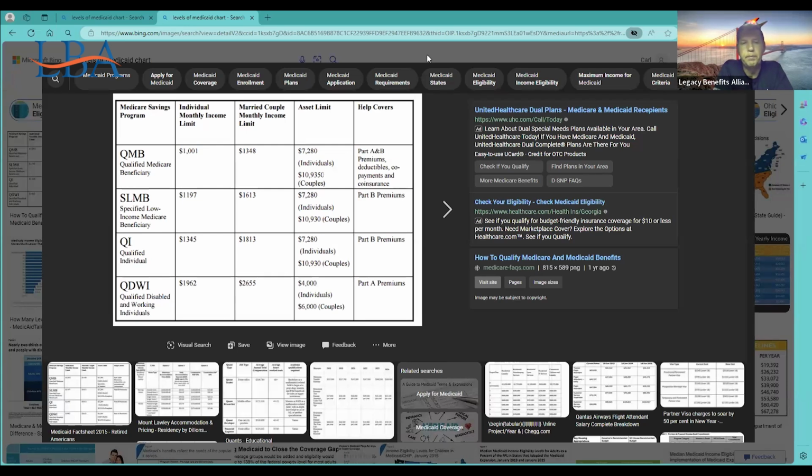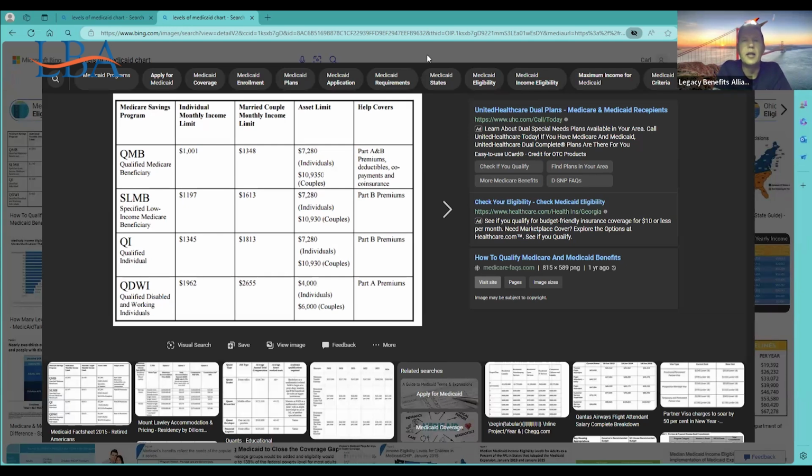The bottom one, we don't really need to worry about because you're not going to come across that one very often. That is qualified, disabled, and working. Most people on Medicare, if they have a disability, they're probably under 65.